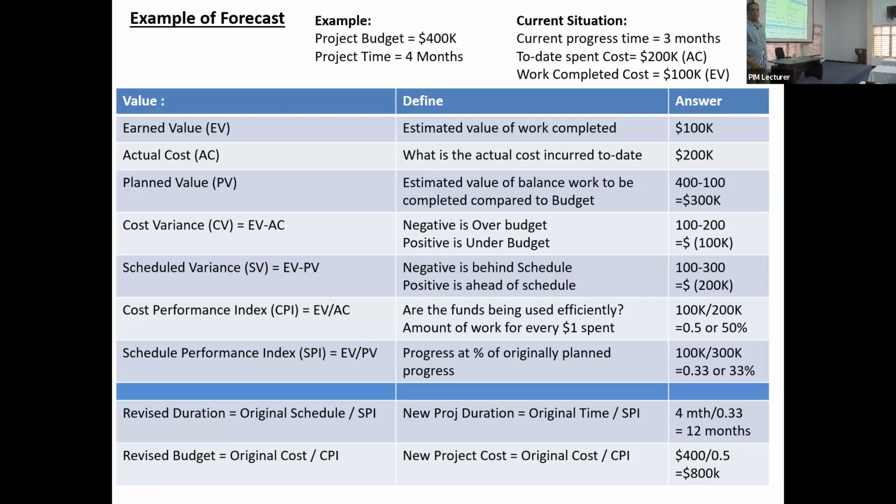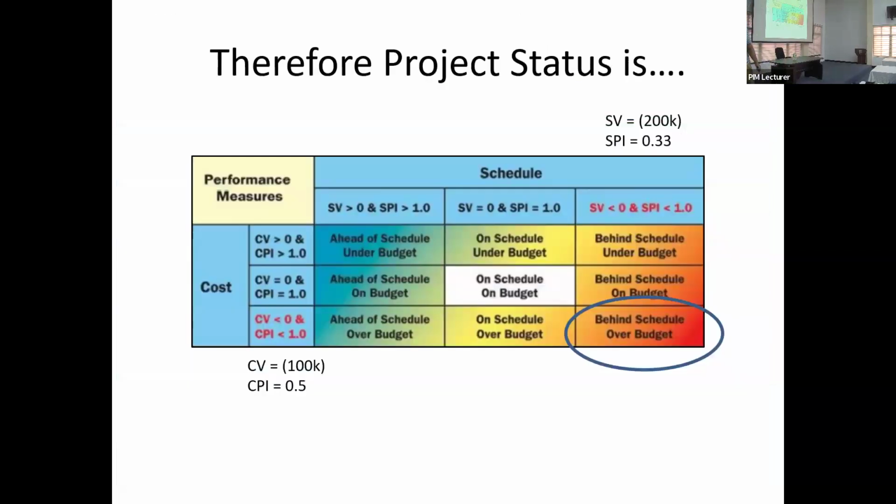You take these two numbers, you put them into the index. So you know the CPI was 0.5. That means CPI is less than 1. You know the SPI was 0.33. That means SPI is less than 1. That means if you take this, you are behind schedule and you are over budget.